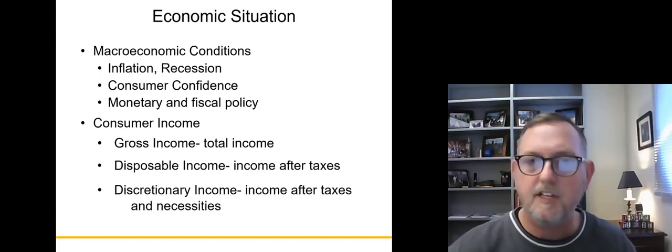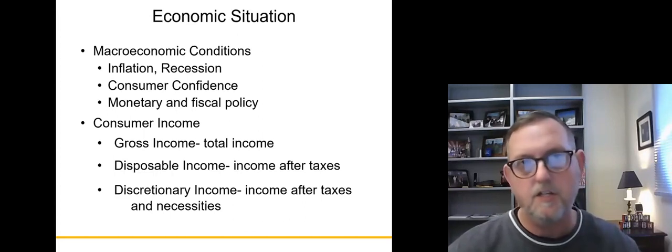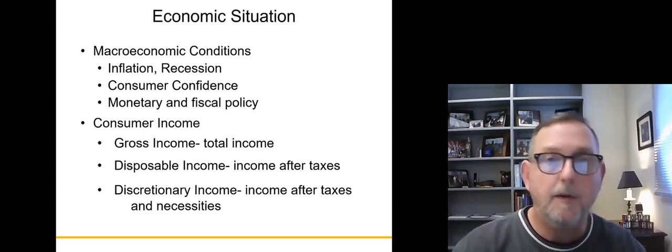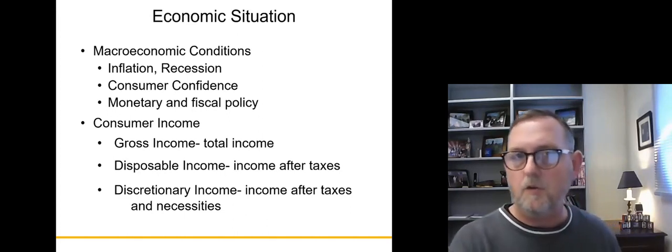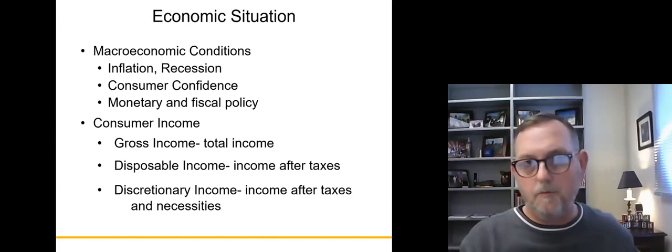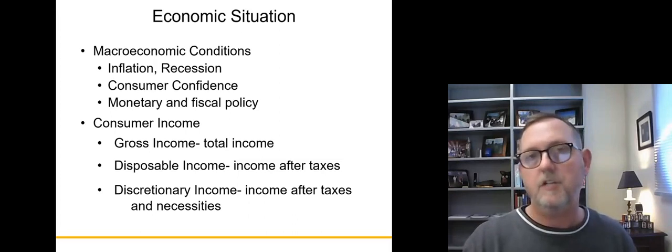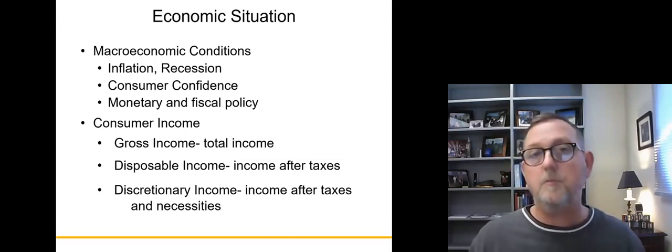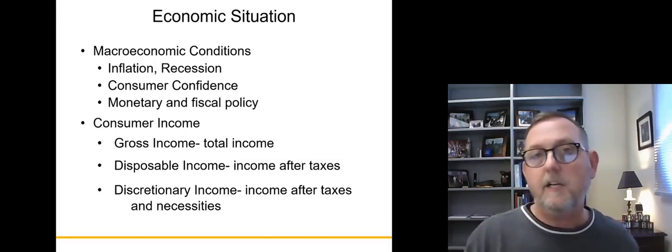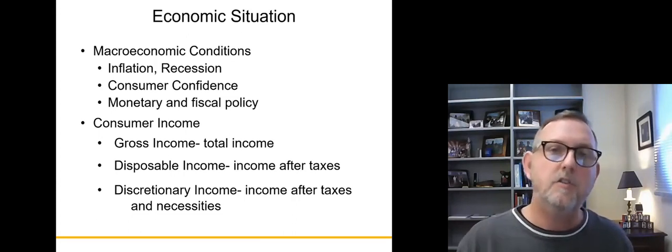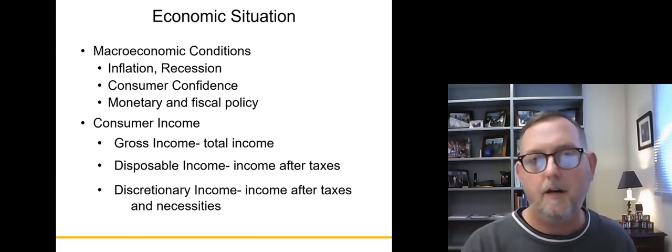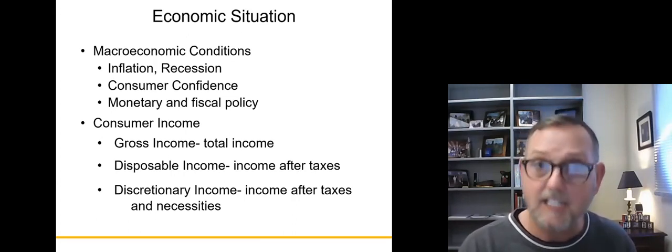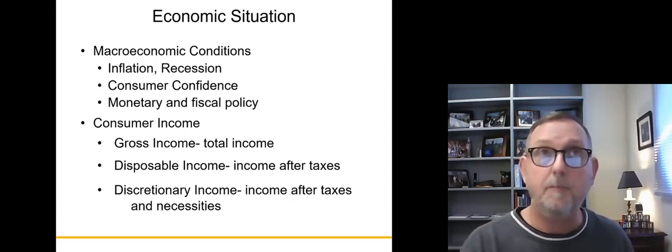We can break it down for our consumers and think about our consumers' disposable income, how much money they make, all of these things. So gross income is the amount of money you take in from your salary or your job. Disposable income is how much money you have after paying certain required payments like taxes.